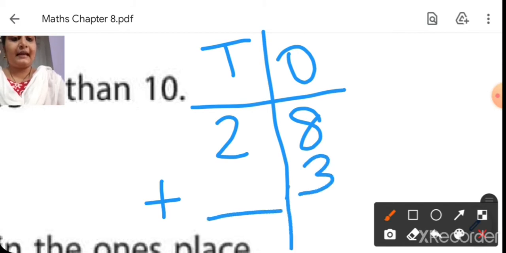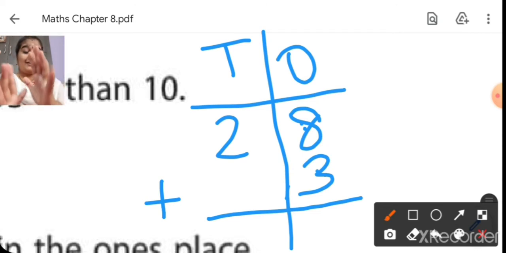First, what will we add? We will add the tens place. Sorry, we will add the ones place. So 8 in the mind, 3 on the fingers. After 8: 9, 10, 11.